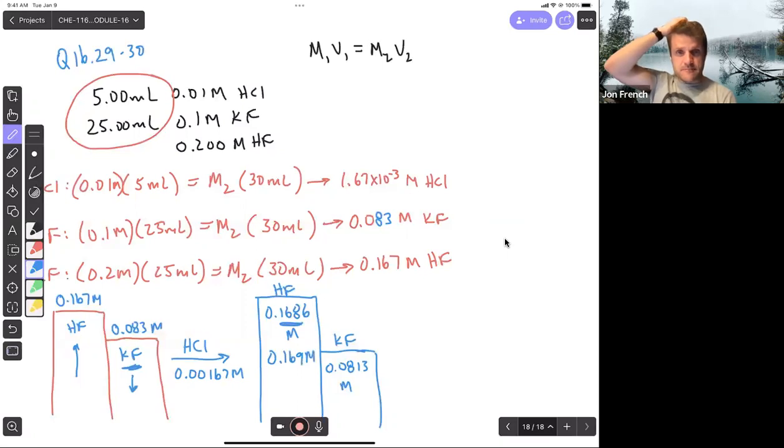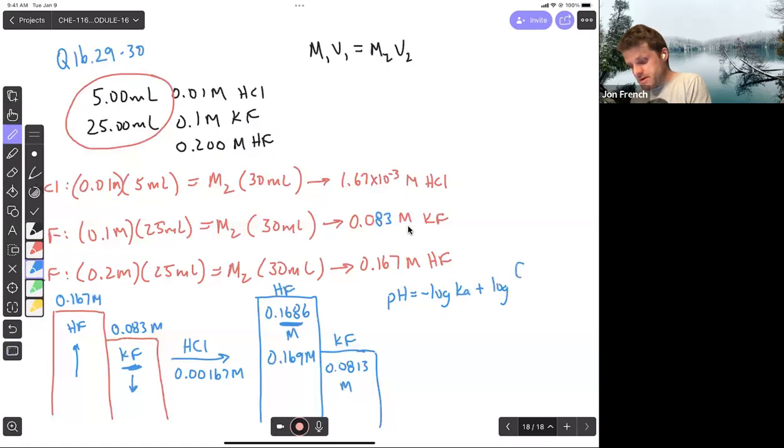Now we can find the pH of this solution, because anytime we've got a buffer, we should think Henderson-Hasselbalch. That's the key equation. So pH equals the negative log of my Ka plus the log of the concentration of my base over the concentration of my acid.